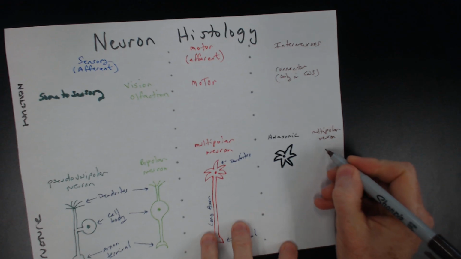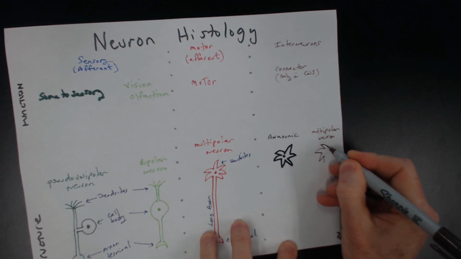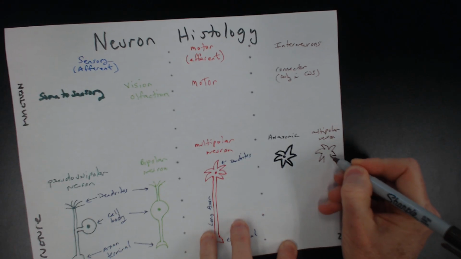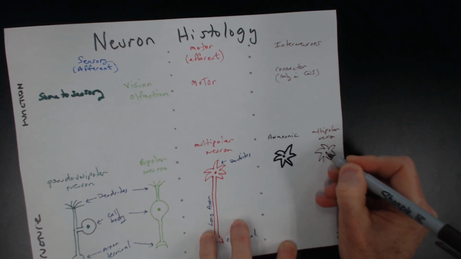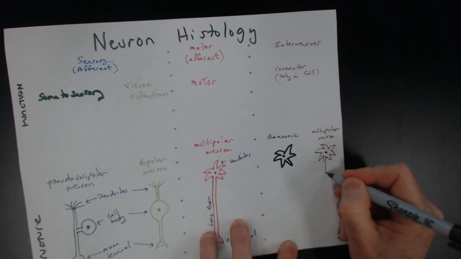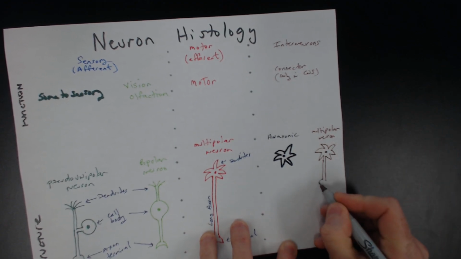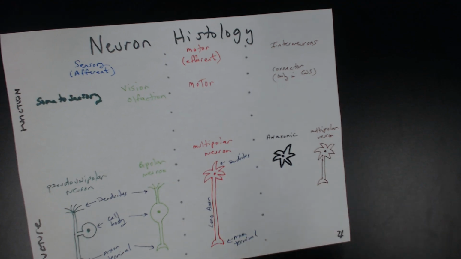So we have our basic dendrites, and the nucleus of the cell body. But this multipolar neuron that functions as a connector has a short axon, followed by the axon terminal. So I'll label that as short axon.